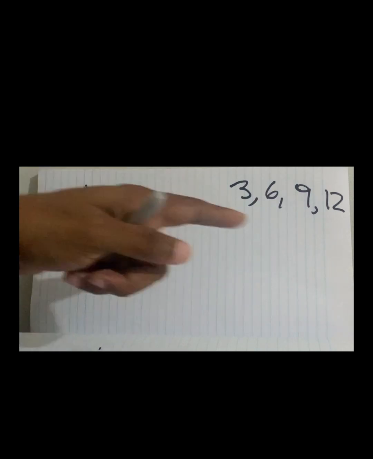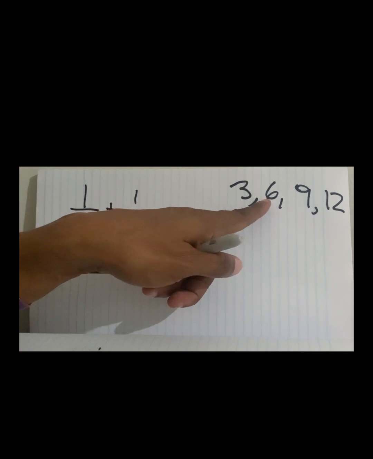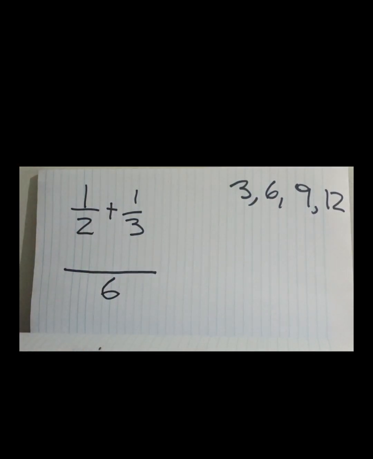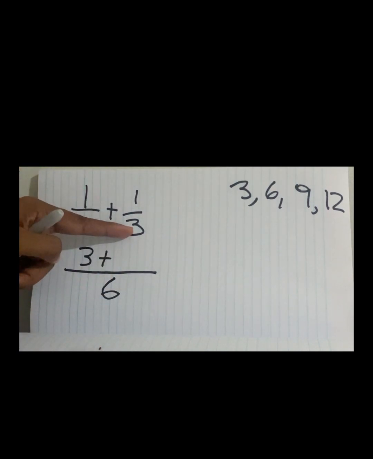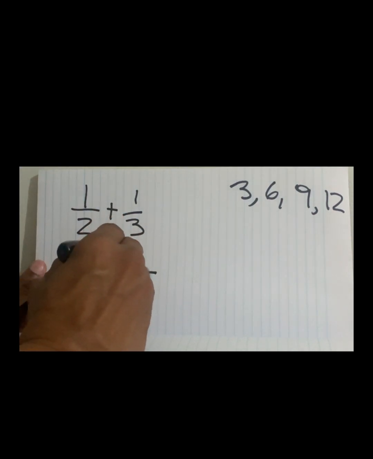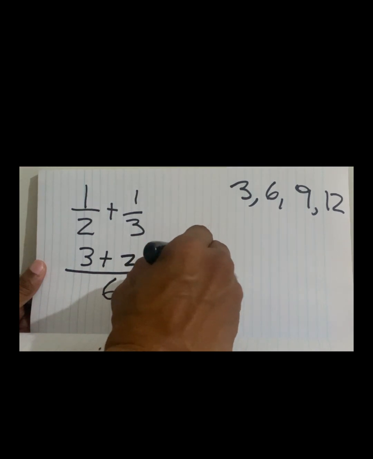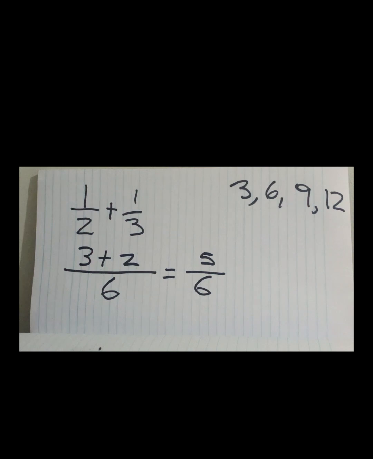But we choose the smallest number that we see, which is 6. 2 into 6 goes 3 times. 3 times 1 is 3, plus 3 into 6 goes 2 times. 2 times 1 is 2. So we add the numerators now, which gives 5, and we put back our denominator, which is 6.